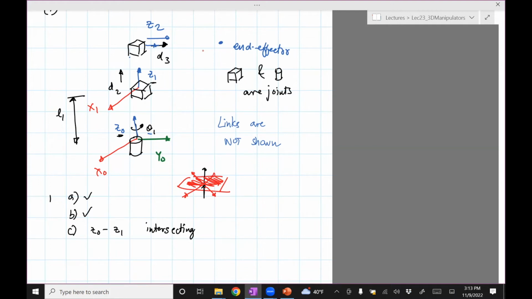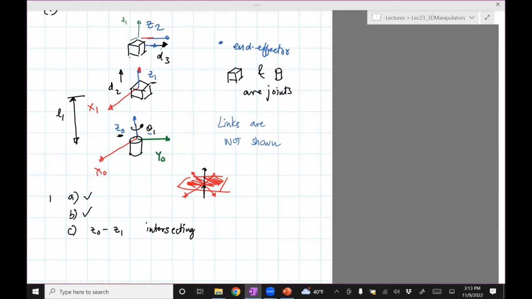Last, we need to get X2. For that, we see the relation between Z1 and Z2. Again, we see that Z1 intersects Z2, so the axis for X2 would be at right angles to Z1 and Z2. Now we have only two choices. This is Z1, right?